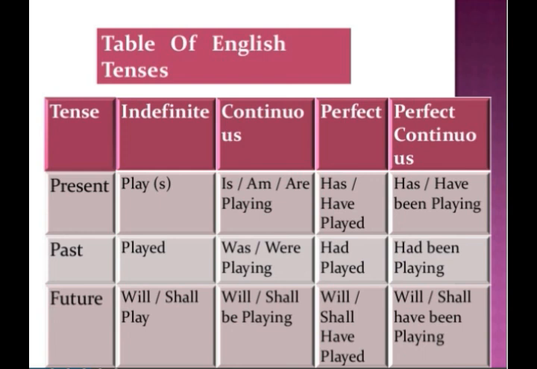The only difference again is the helping verb. In present perfect continuous, we always use has and have. In past perfect continuous, we always use had. While in future, we use will or shall.